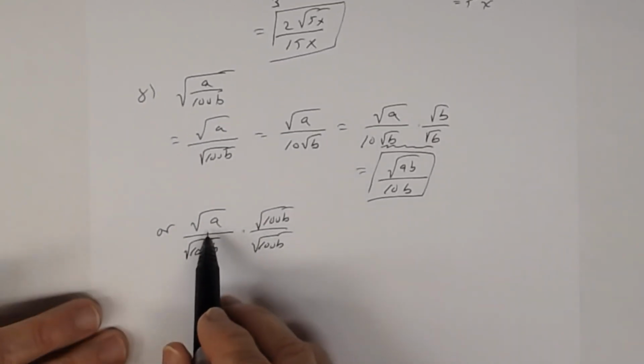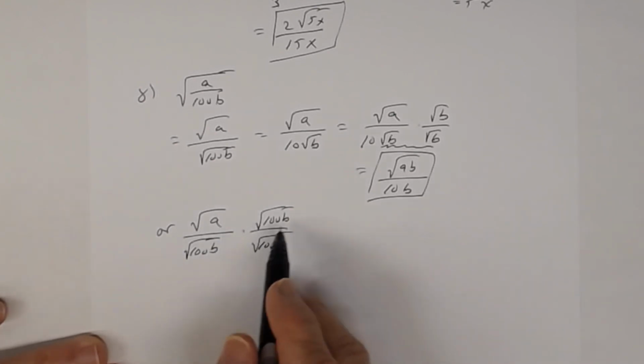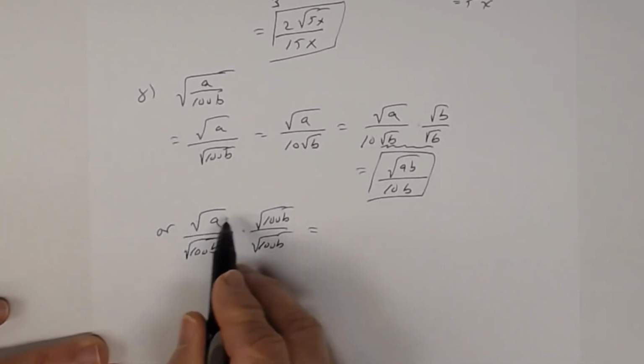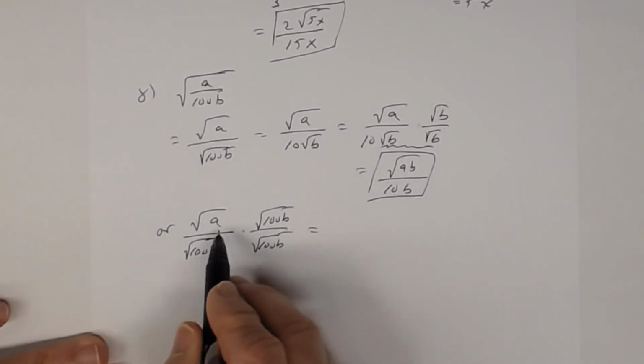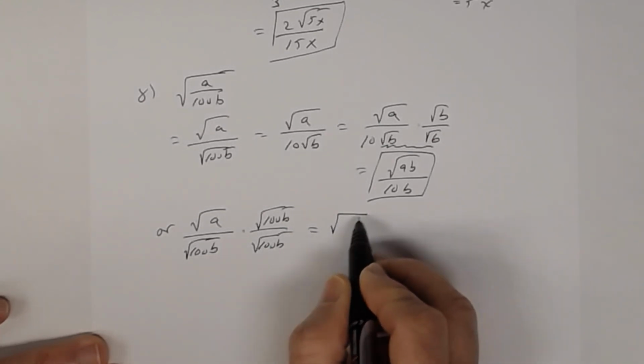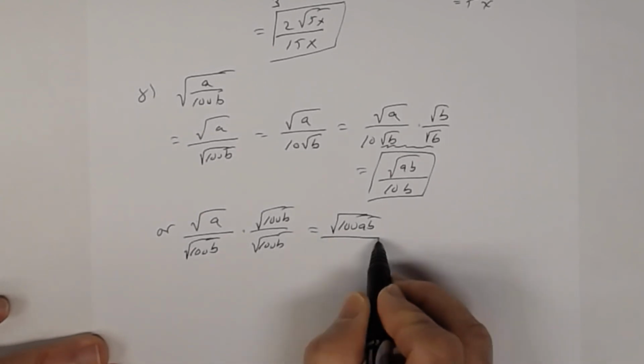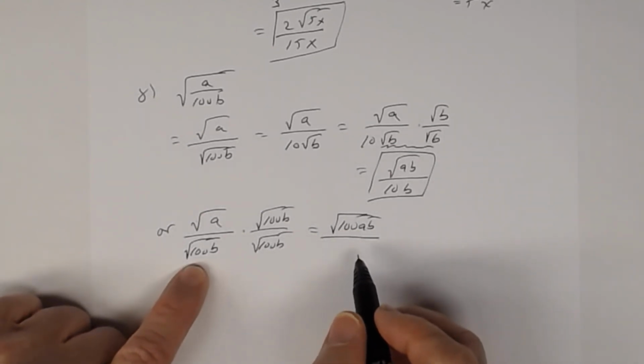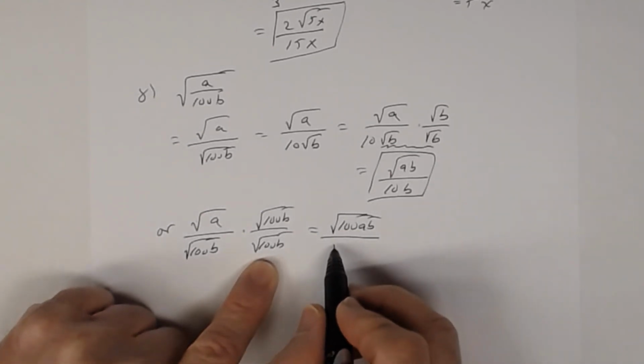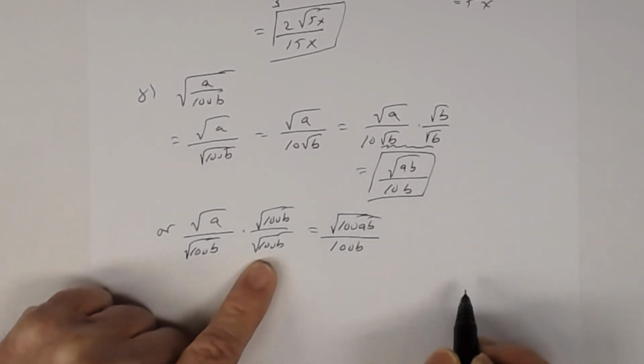Now the numerator, when I write this as one fraction, since the indices are the same, we're dealing with square roots, I can write this as the square root of 100ab, divided by the square root of 100b times the square root of 100b, which is just 100b.